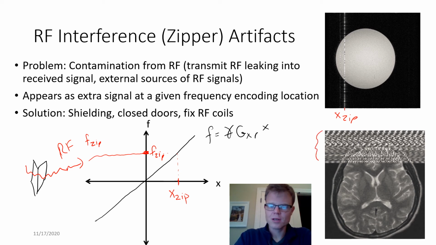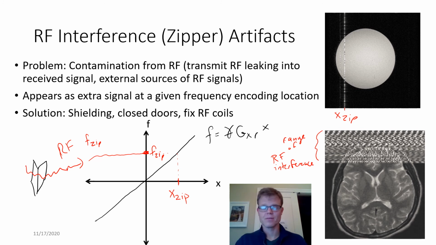This image has a range of RF interference, creating this band of artifacts. So there's shielding built into the rooms to prevent this, keeping the doors closed, or if it's an RF coil leakage issue, then you've got to fix those RF coils.